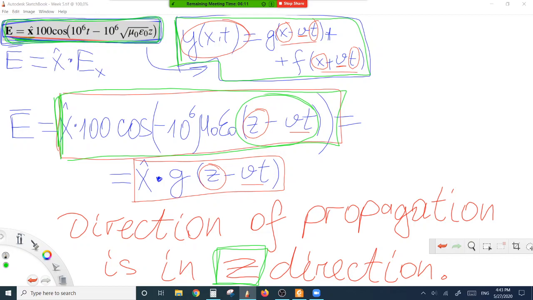That's it. So did you understand, in the last point, the logic of how to define the direction of propagation?